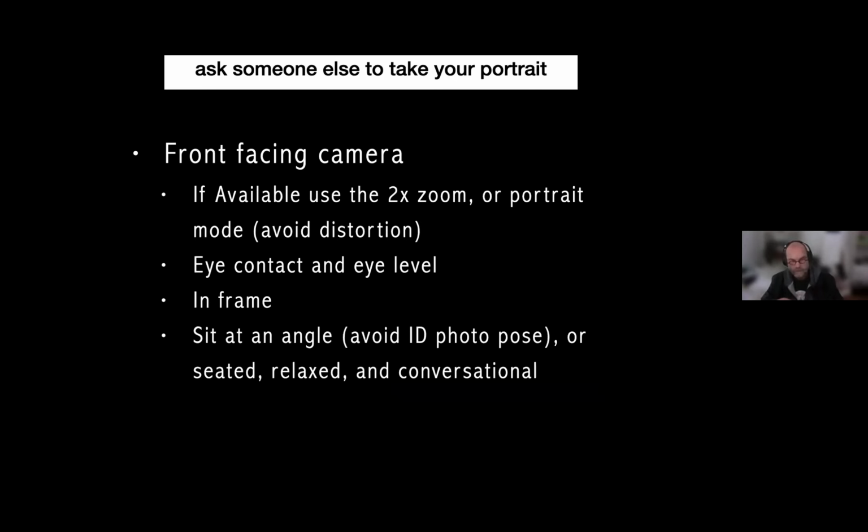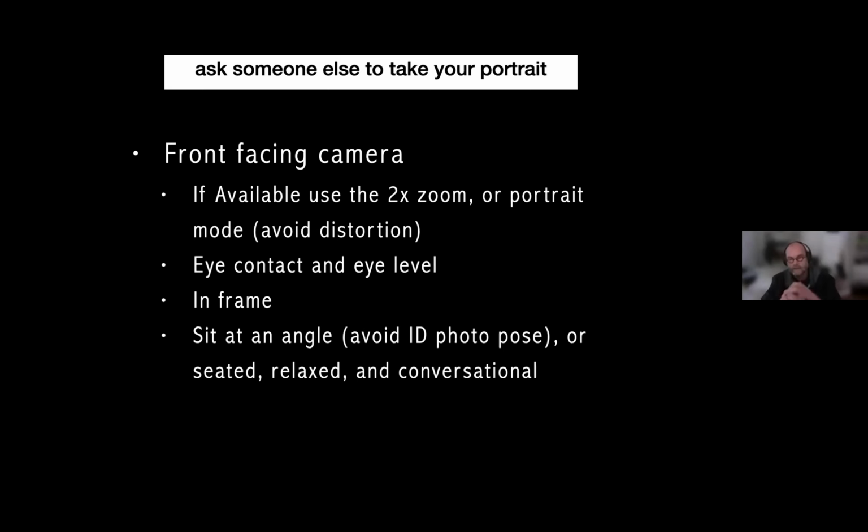If your phone has an optical zoom, and an optical zoom means it's zooming using the lenses and it's not digital zoom, normally it would be a phone that has 2 or 3 lenses, but normally 2 lenses. So if it's available, use 2x zoom.